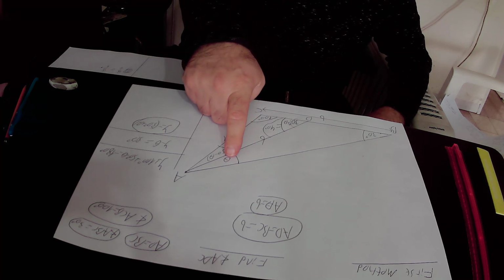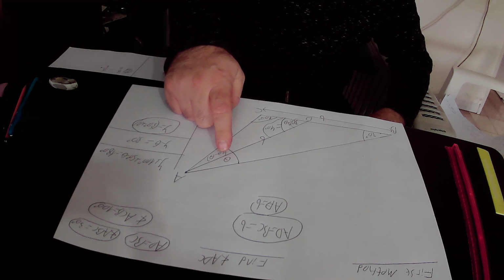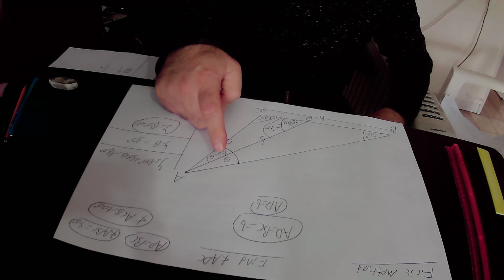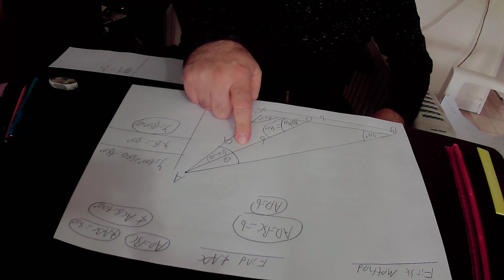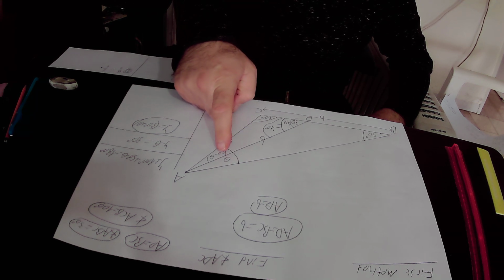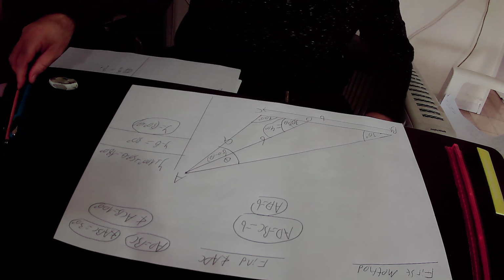So if this angle equals 50 degrees, and we define angle BAD as theta, then 50 degrees minus theta will be the value of this angle that is actually angle DAC.